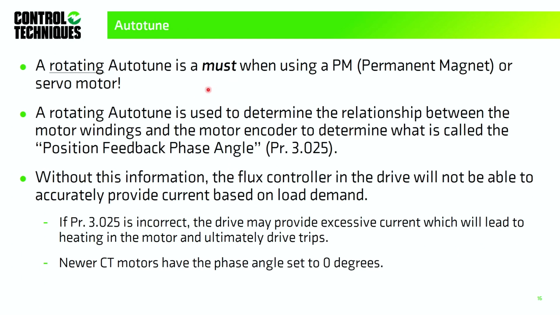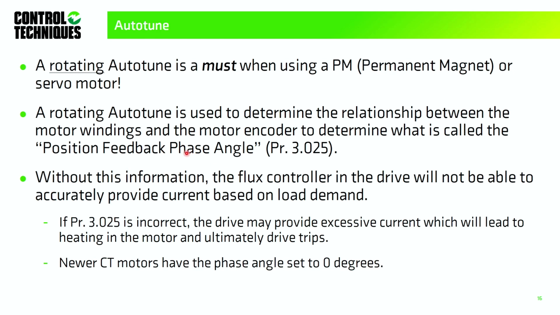So the next thing I want to do is a rotating Autotune, right? And the goal here is to determine what's called the position feedback phase angle, which is menu 3, parameter 25. That is the relationship between the motor windings and the encoder.